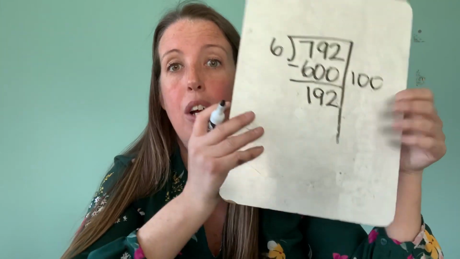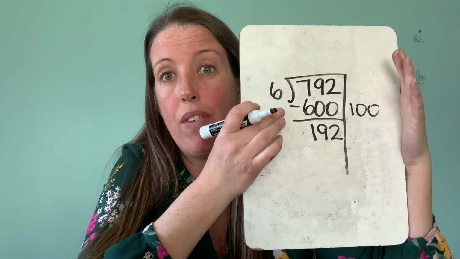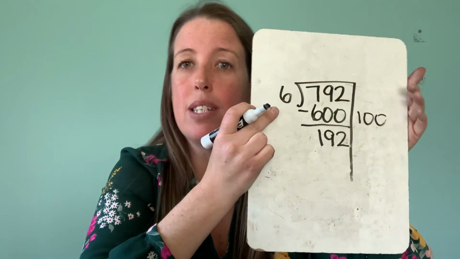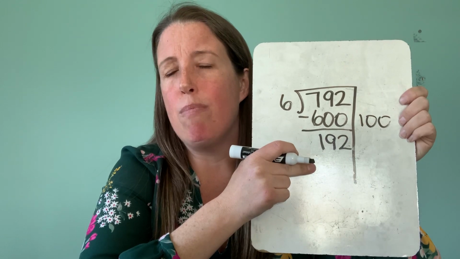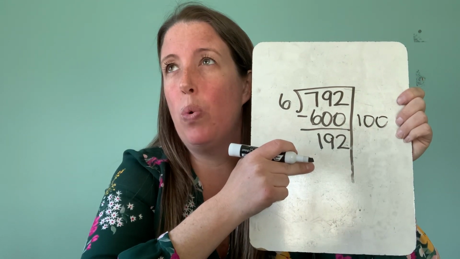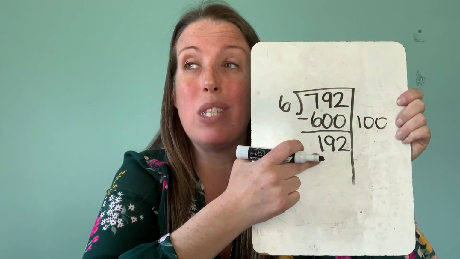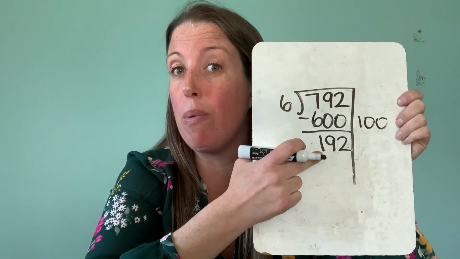So I'm going to think about my tens facts by actually thinking about my basic facts I know. So 6 times 10, 6 times 20, 6 times 30, 6 times 40. All right. I know 6 times 2 is 12, so 6 times 20 would be 120. I could use that one. I also know 6 times 3 is 18, so 6 times 30 would be 180.